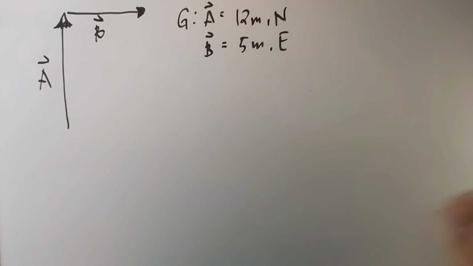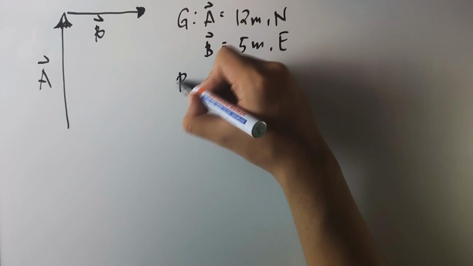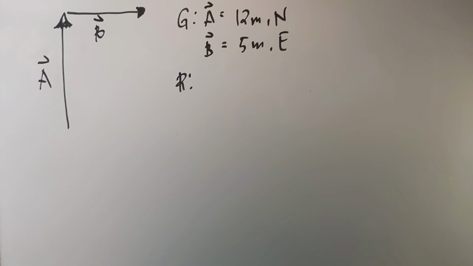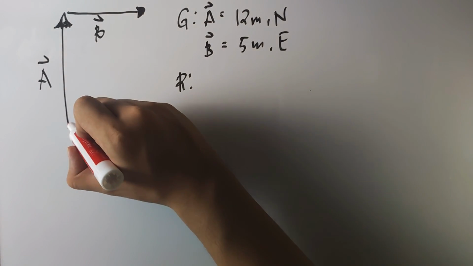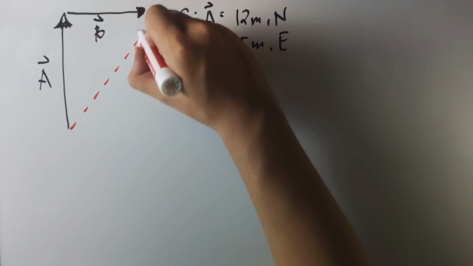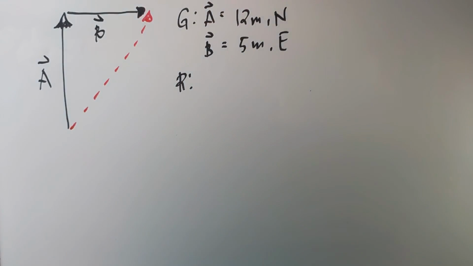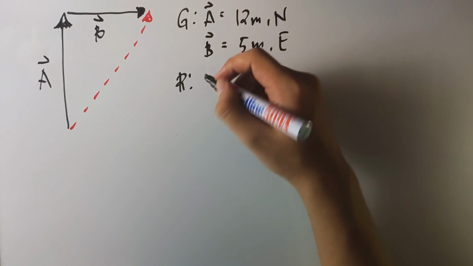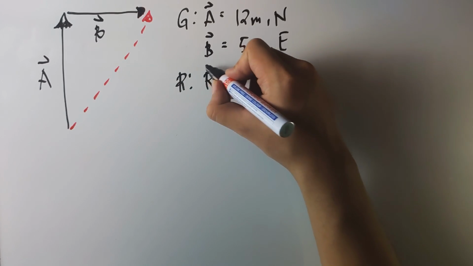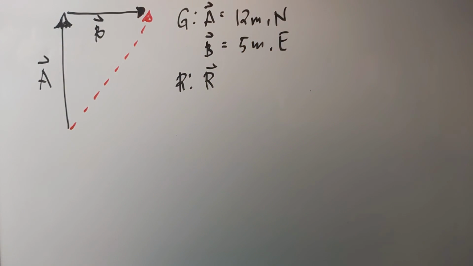Then of course, after knowing that, what would be the required? The required would be the resultant vector, which is this. That would be R, or the resultant vector.